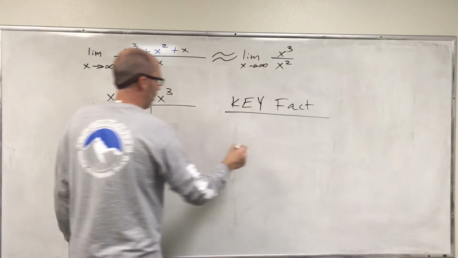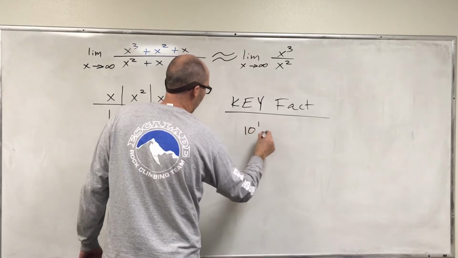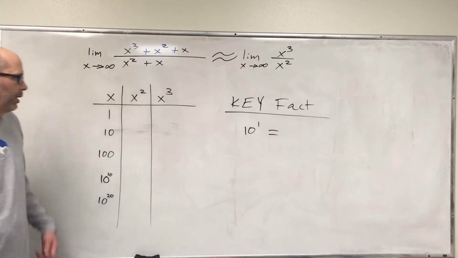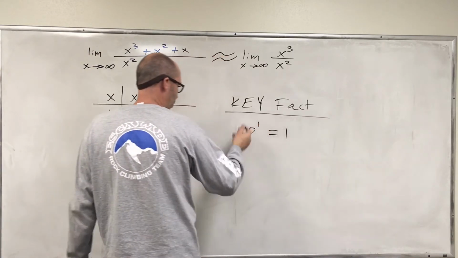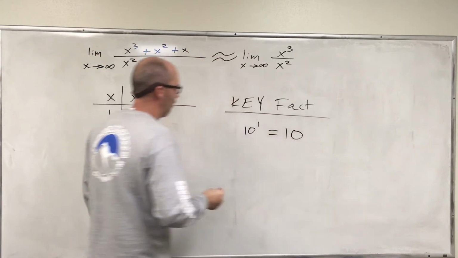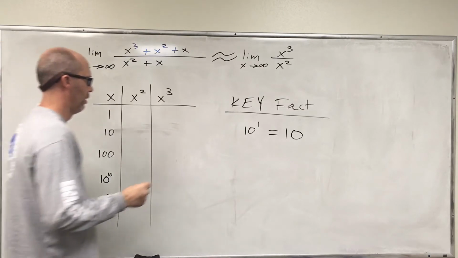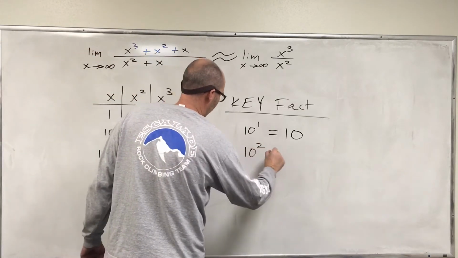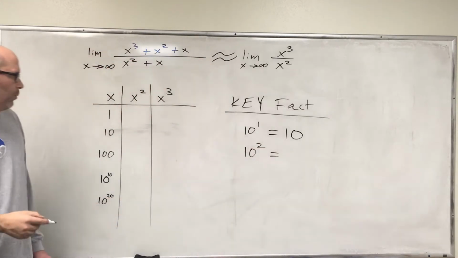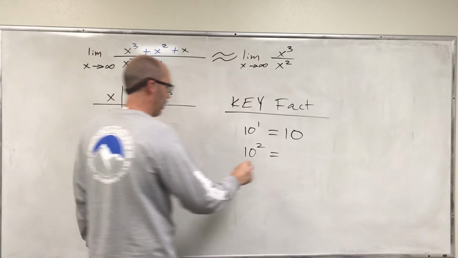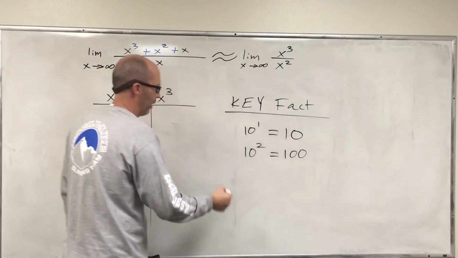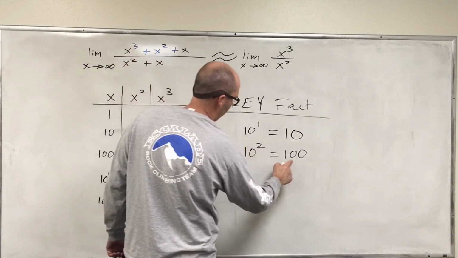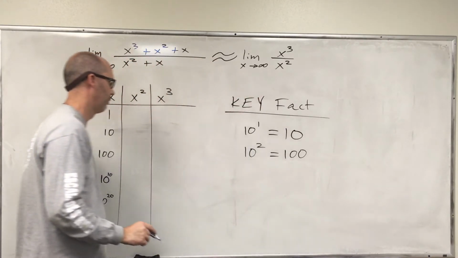All right, so notice that 10 to the 1, as we know, is 10, a 1 with 1 zero after it. 10 squared, as we know, is 100. This is a 1 with 2 zeros after it. So 10 squared is a 1 with 2 zeros after it.